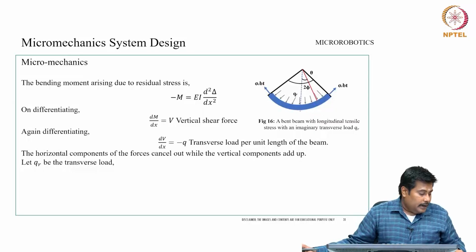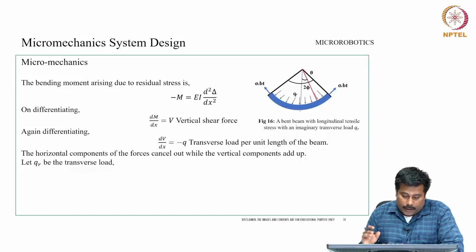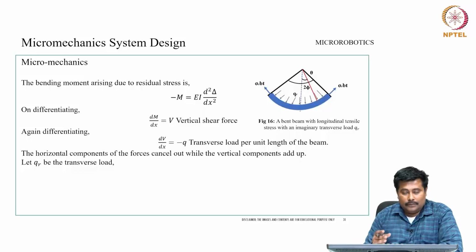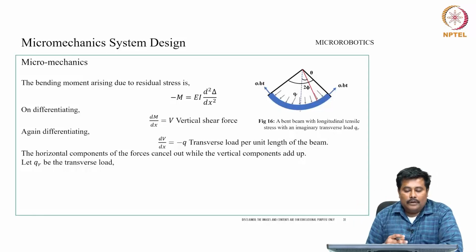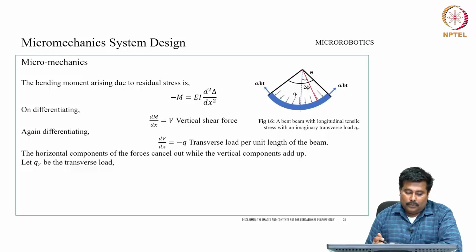Now, when we look into the overall micromechanics behavior, let us consider the bending moment arising. In the earlier SMA bimorph also we have seen there is a curled structure occurring. This is a bending moment which is arising due to the residual stress which has been incorporated over here.